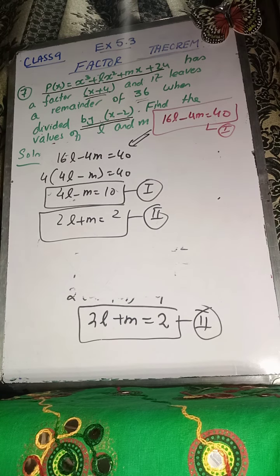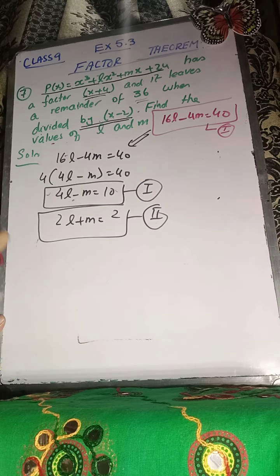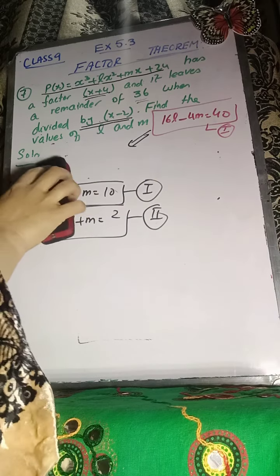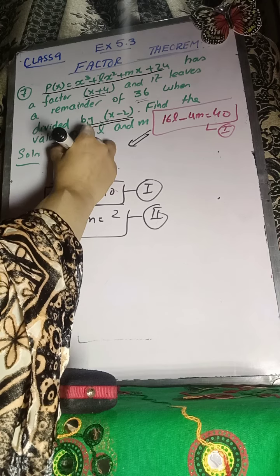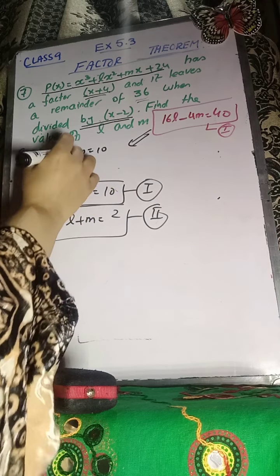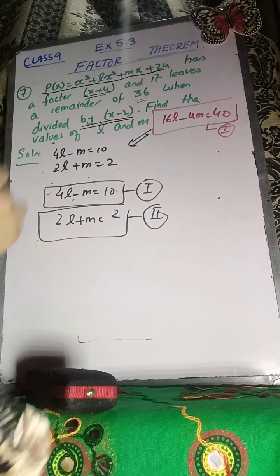Now we are going to solve these two equations to get the value of L and M. Let me write them over here: 4L minus M is equal to 10 and 2L plus M is equal to 2.